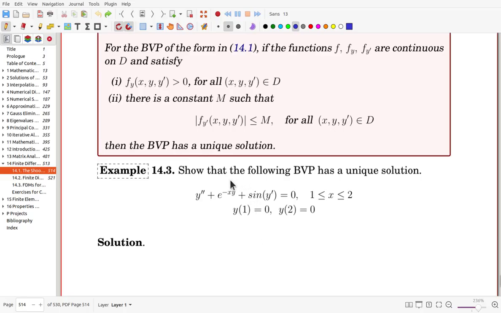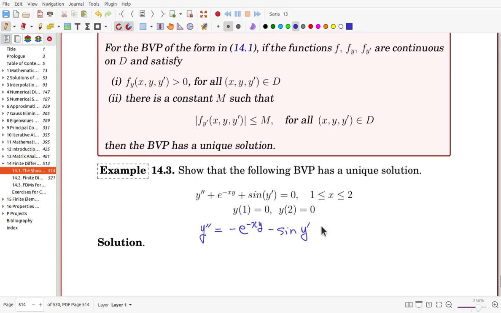Show that the following boundary value problem has a unique solution. Let's write down this one in the standard form. y'' is, now let's move this to the right side, minus e to the minus xy, and minus sine y'.